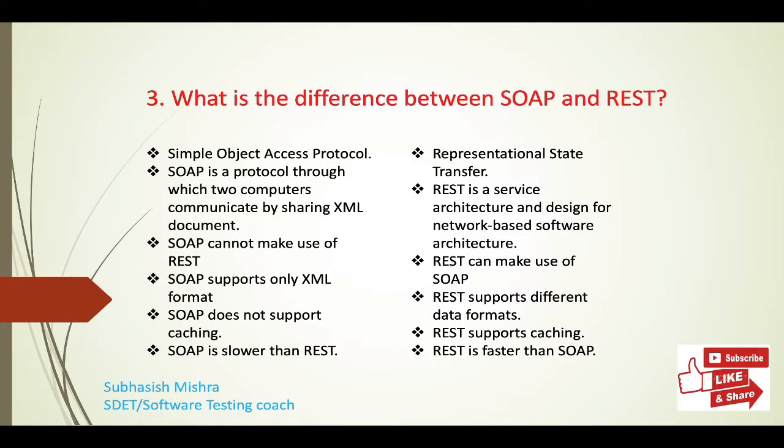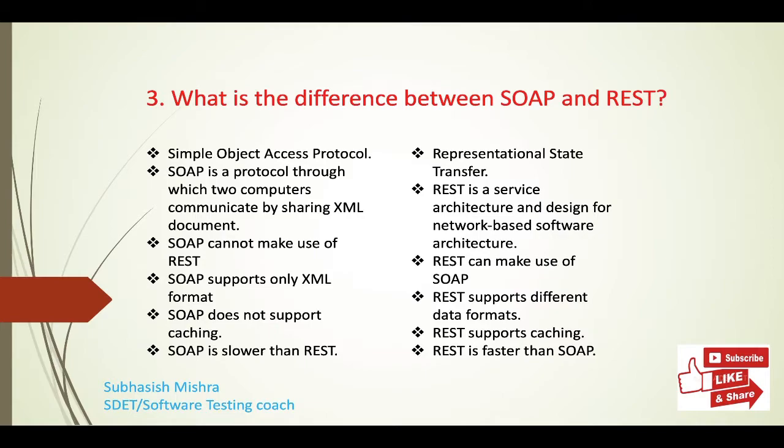It includes a WSDL file which has the required information on what the web service does in addition to the location of the web service. SOAP cannot make use of REST, since SOAP is a protocol and REST is an architectural pattern. SOAP supports only XML format. SOAP doesn't support caching, and SOAP is slower than REST.